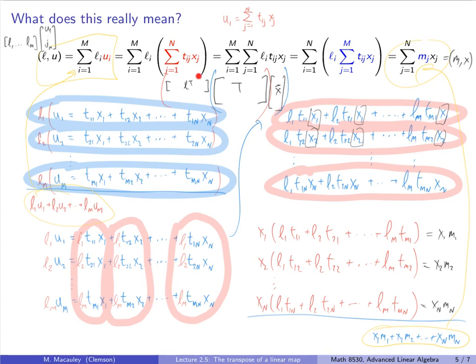In other words, this is an n-dimensional vector. The dot product of that with an n-dimensional vector is this sum right here. But if we put our original blue parentheses here, now we have an m-dimensional vector, and we take the dot product of that with this m-dimensional vector. And that's all this is.